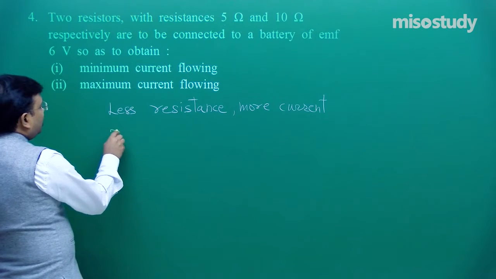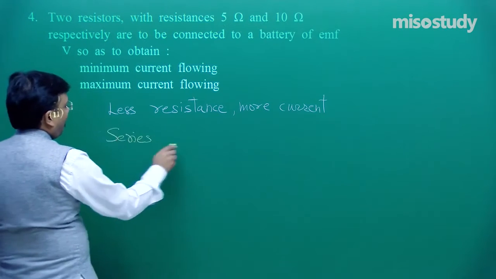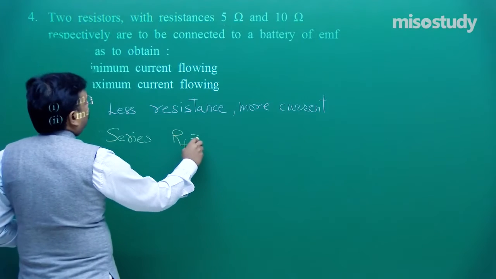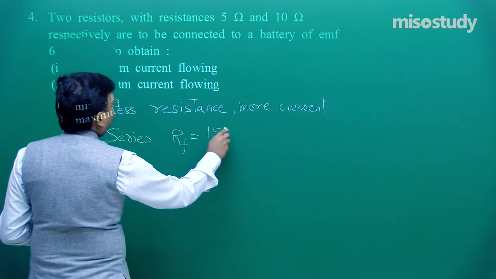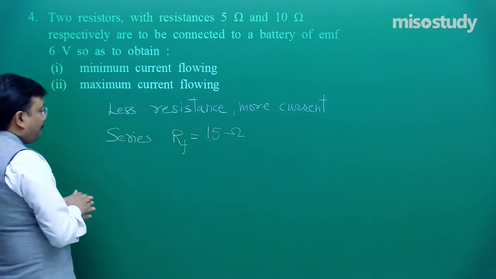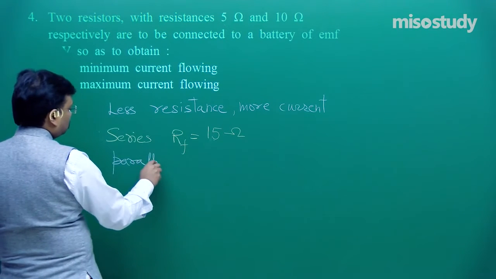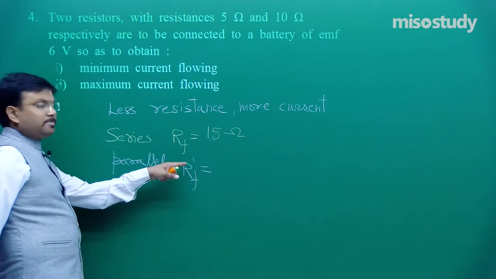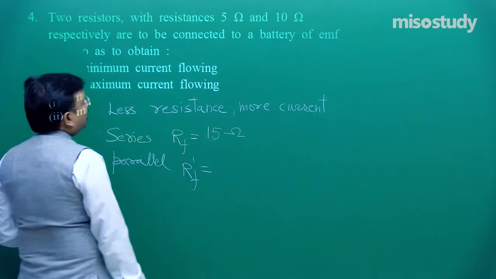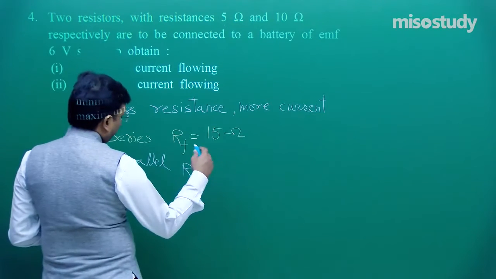Now, series: R final is equal to 10 plus 5 is equal to 15. Parallel: R final prime, I just place a prime so that you can differentiate it, is equal to 10 into 5 upon 5 plus 10.